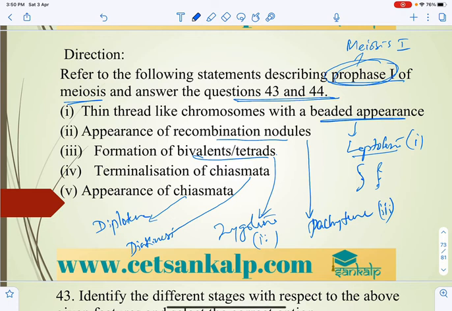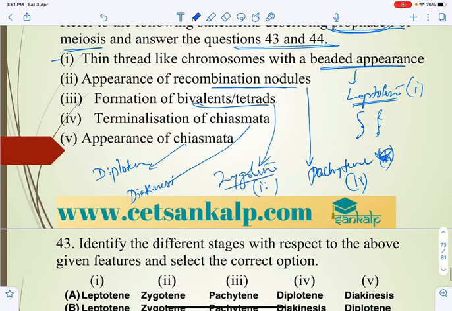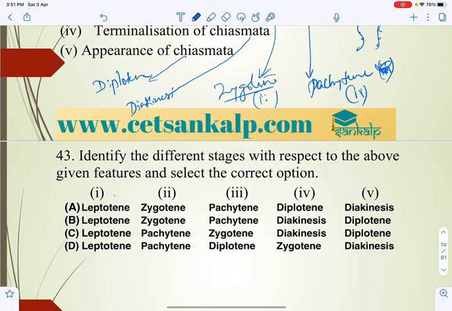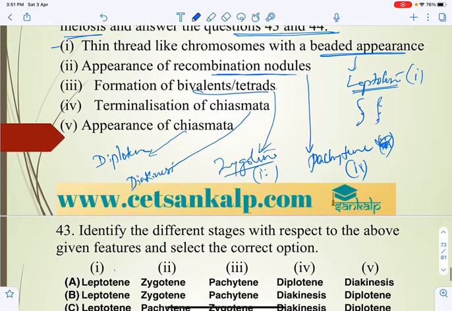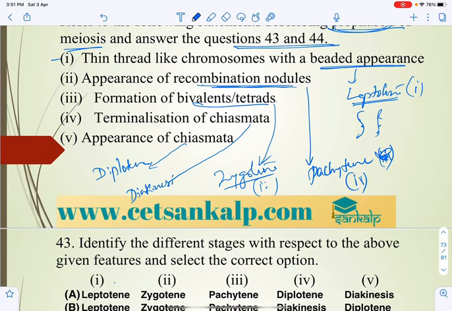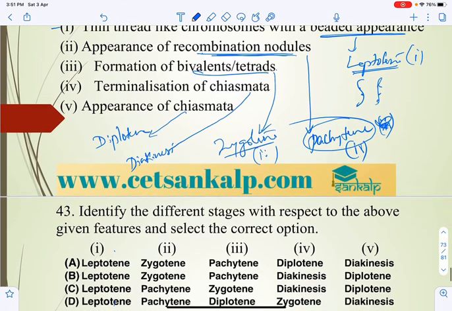So let me arrange this. Appearance of recombination nodule, pachytene, is 2, and formation of bivalent tetrad is zygotene. Leptotene is 1 in all these options, and 2 is the pachytene recombination nodule.